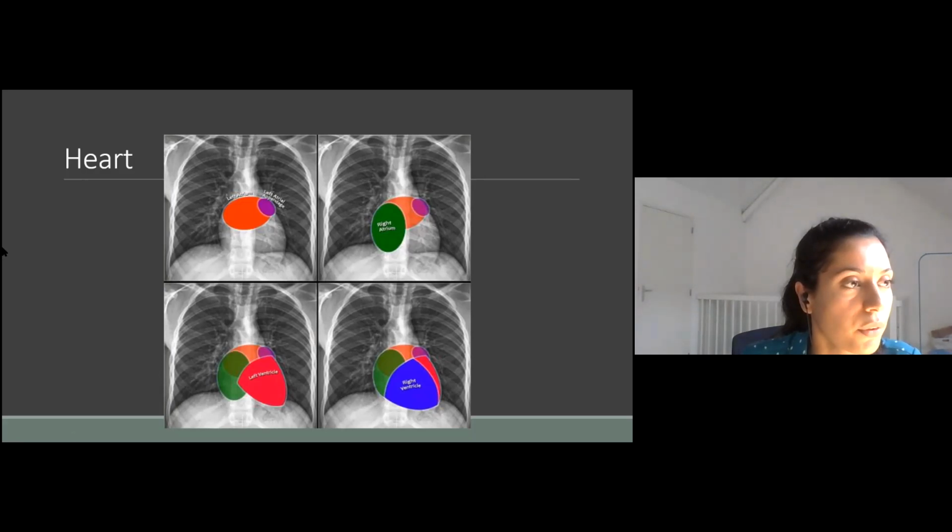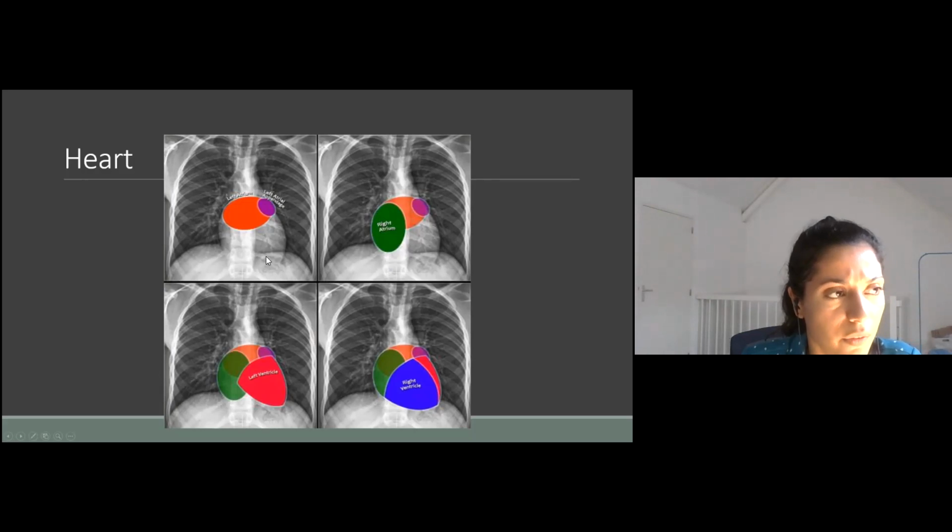On the frontal view, you will only see, on the left side, the left atrial appendage. The right atrium forms the right border of the heart, the right ventricle the inferior border, and the left ventricle the left border of the heart.